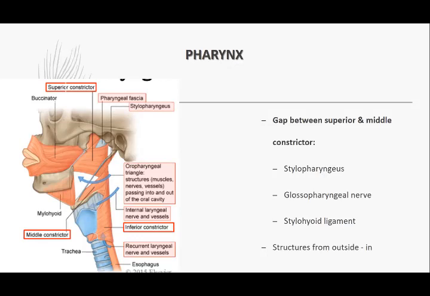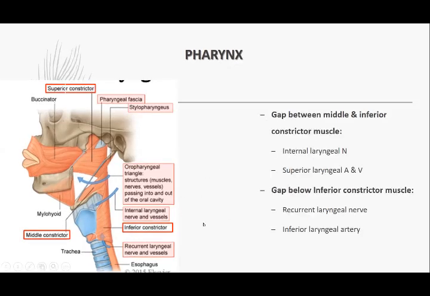Then comes this gap between the middle constrictor and the inferior constrictor. अब इसमें से कुछ fibers इन्होंने काट दी हैं to show you that deep to these muscles you have this thyrohyoid membrane because this is the hyoid bone that you see, और ये thyroid cartilage है.